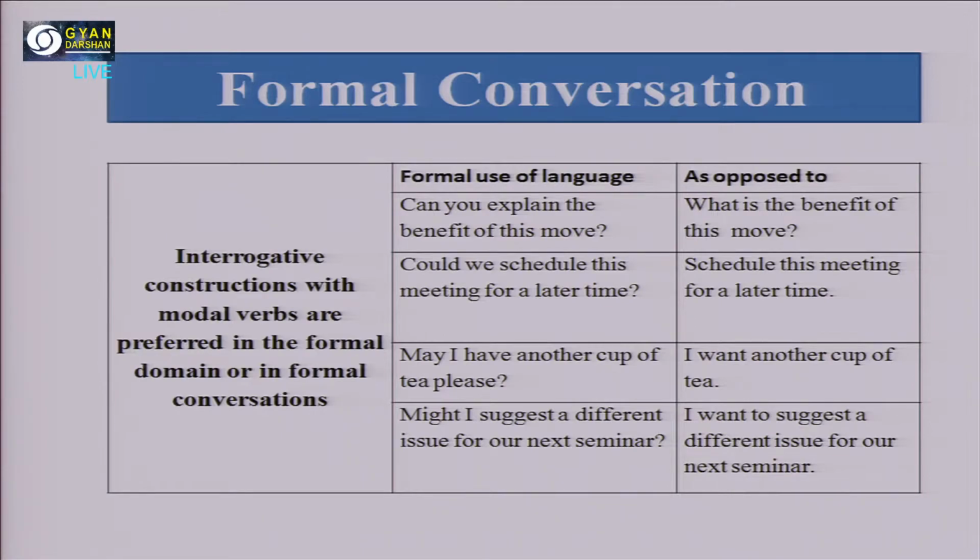Instead of saying "schedule this meeting for a later time," it is advisable to use "could we schedule this meeting for a later time?" Similarly, instead of saying "I want another cup of tea," we advise a more formal use of language and say, "may I have another cup of tea, please?"